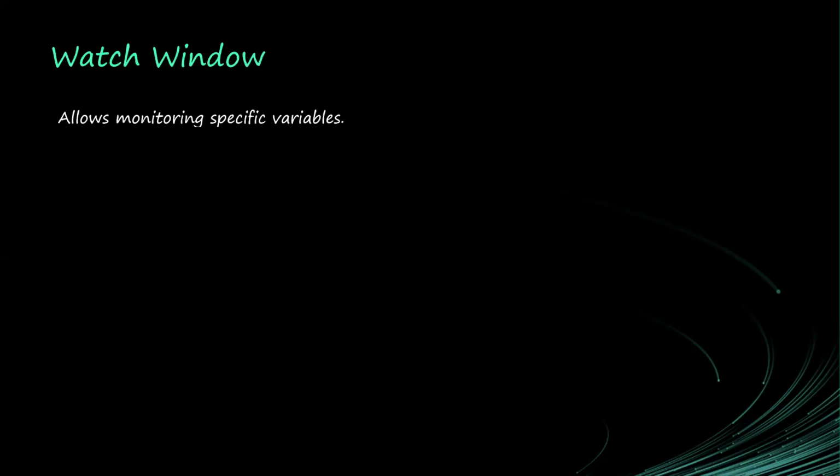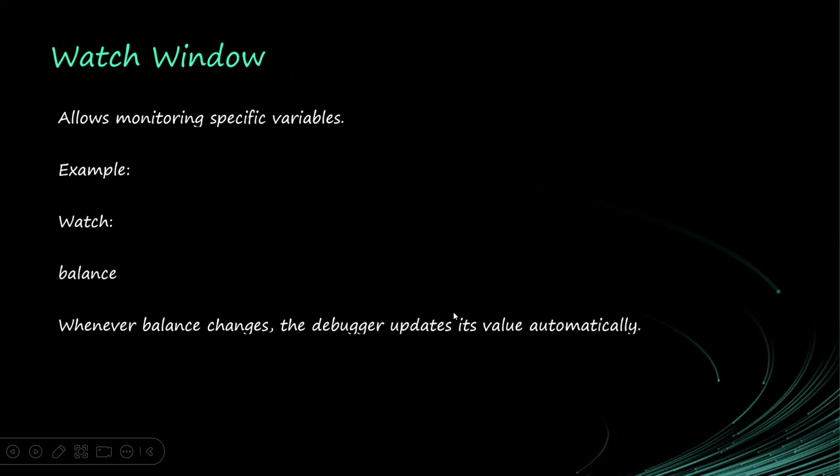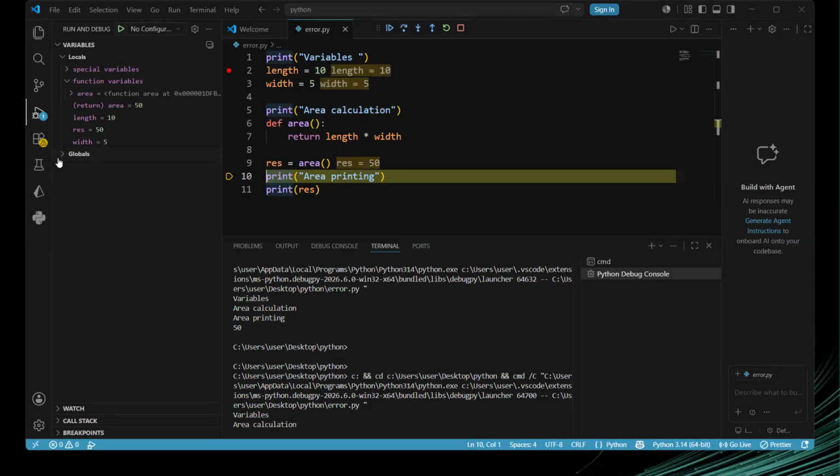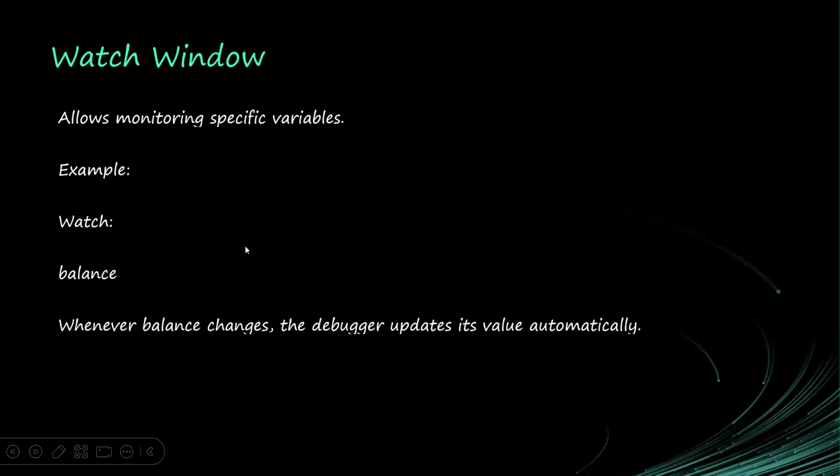Okay. So you can also take a look at the watch window. It allows monitoring specific variables. This is our watch window here. There's nothing in our watch window, but it allows us to watch variables.